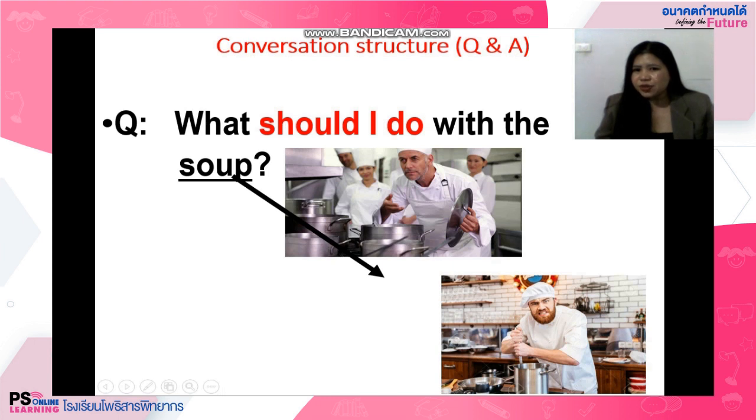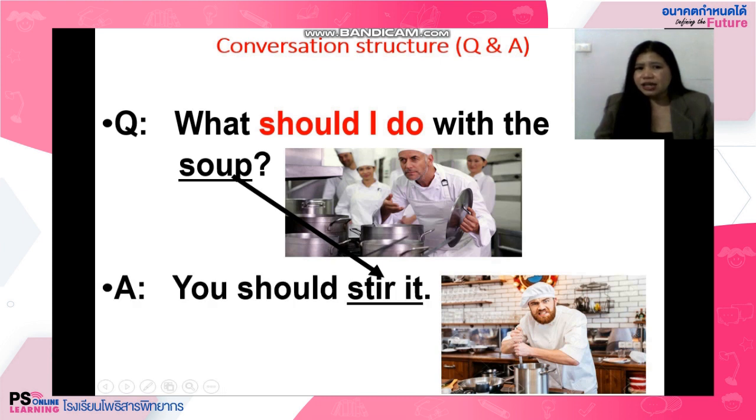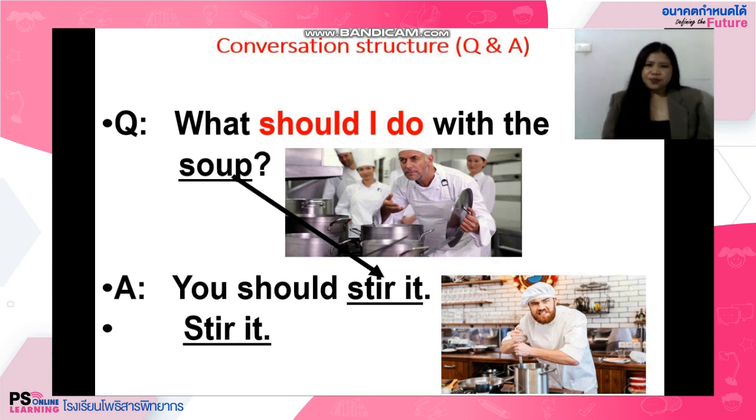Holding the stirring spoon in a circular motion. Okay, you say you should stir it. Soup is singular, so you say you should stir it, or just say stir it. Got it?